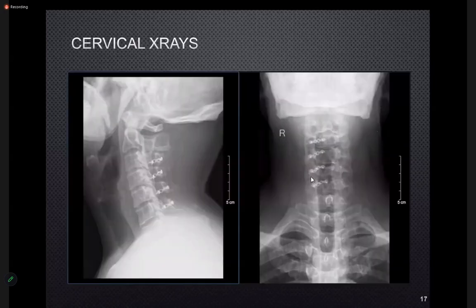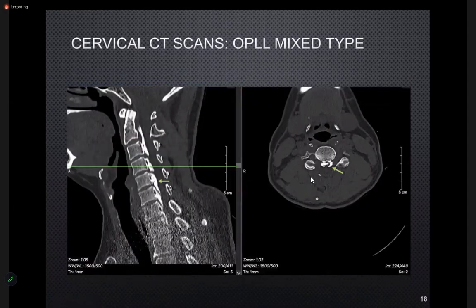You can see this is the cervical X-ray, AP and lateral view, with the laminoplasty from C3, C4 to C6 on the right side, single door. We did the CT scan. You can see the very long OPLL from C2 to C6, C7 with mixed type.